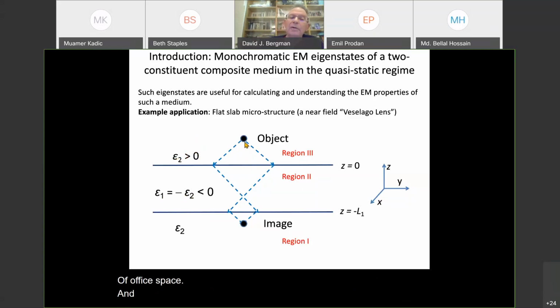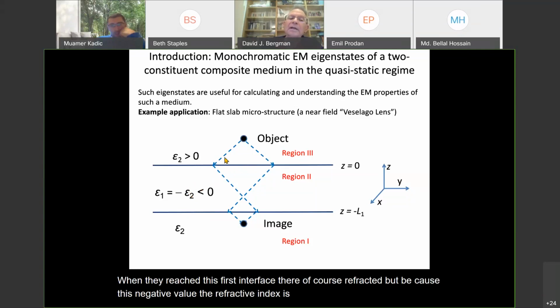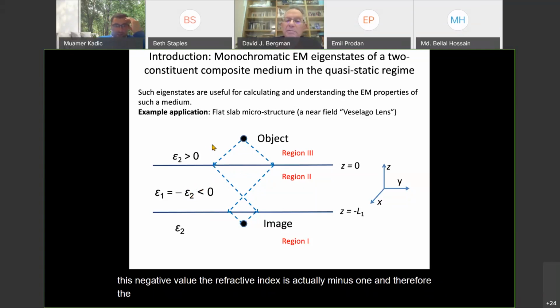Then what Veselago realized is that if you have rays coming out of a point object, when they reach this first interface, they're of course refracted, but because of this negative value, the refractive index is actually -1, and therefore the refracted ray is on the same side of the normal as the incident ray. The two angles are the same.